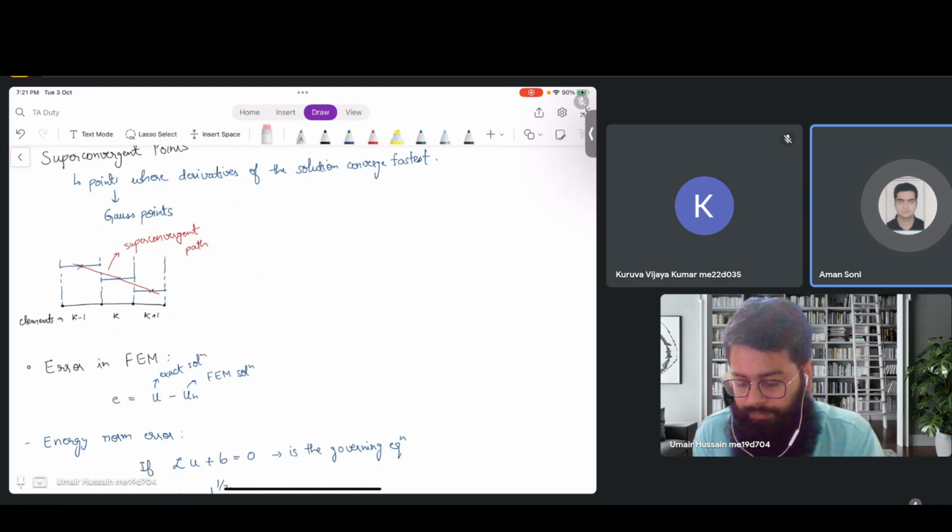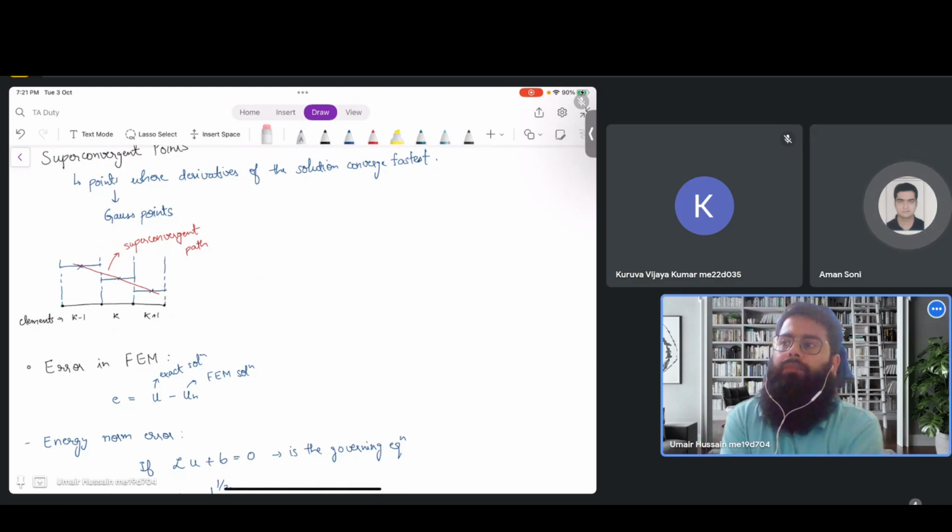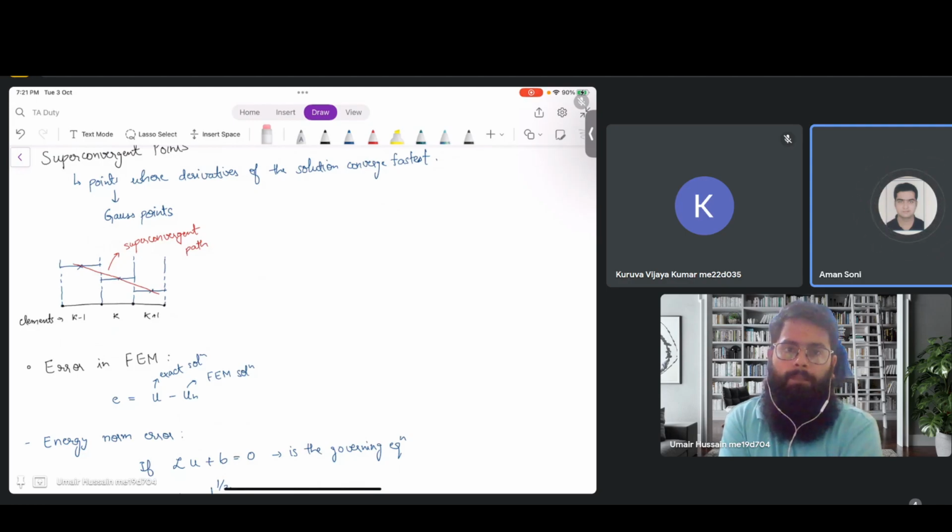Now, Umar, can you describe this phenomenon of convergence? For example, we are talking about the convergence of the FEM problem. Yes. So basically, convergence means... is it related to there being some level of error in FEM results which should go below a certain threshold limit, or something else?